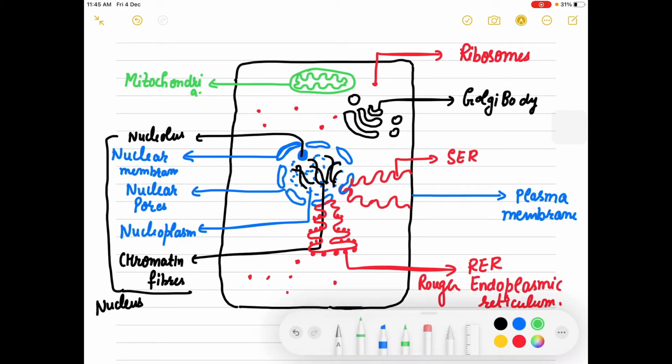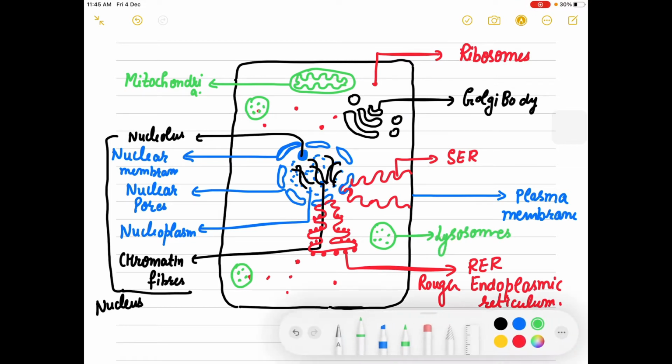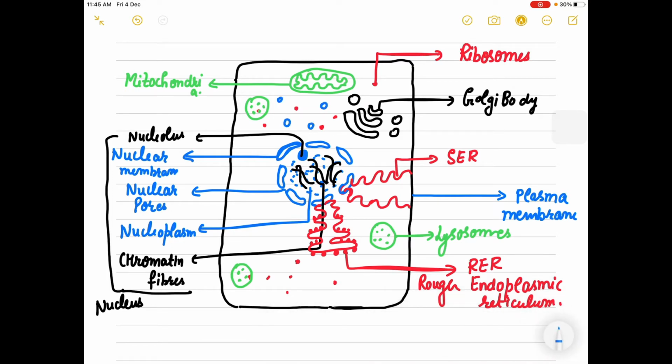Which is that organelle which is filled with digestive enzymes? That is lysosomes. As well as that, the eukaryotic cell also has vacuoles, many in number, not a single vacuole but many vacuoles.